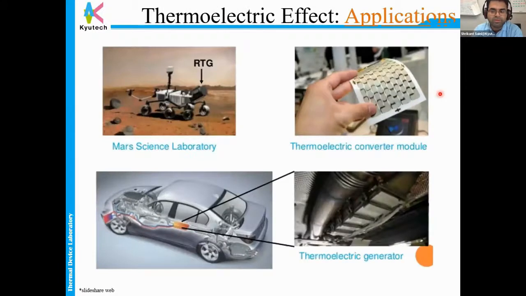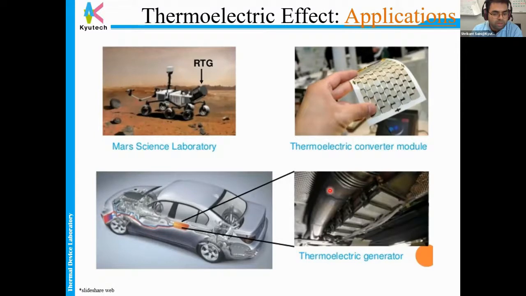These are a couple of examples where we can use this application. As I told you, this doesn't need any maintenance, and once you fix it, its lifetime is longer and it performs much better. So it's a very good application for remote space approaches. It can also be used in daily life for energy conversion, stuck on the body, or maybe in your car seat while you're sitting. You can use it on the car exhaust, which has a lot of waste heat.